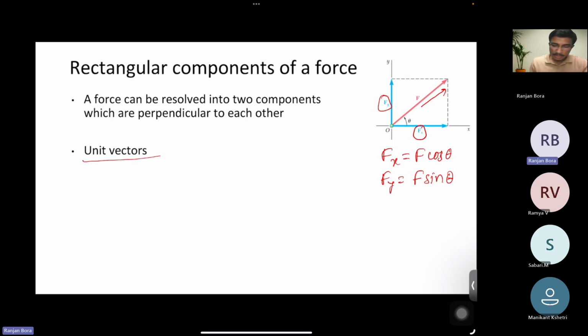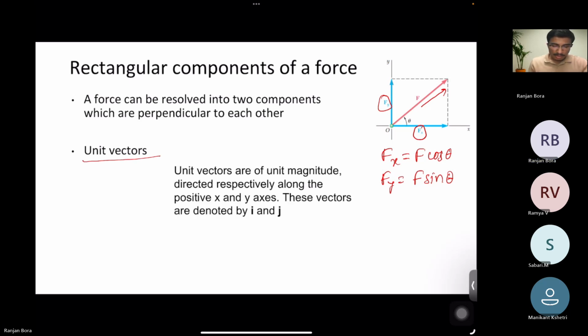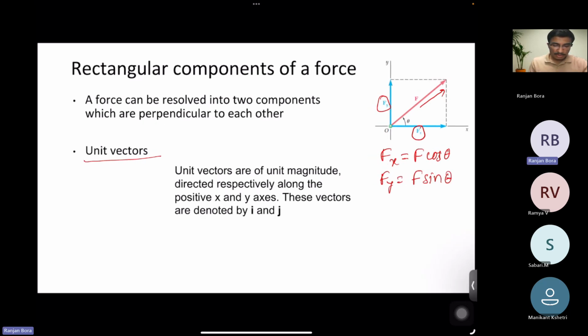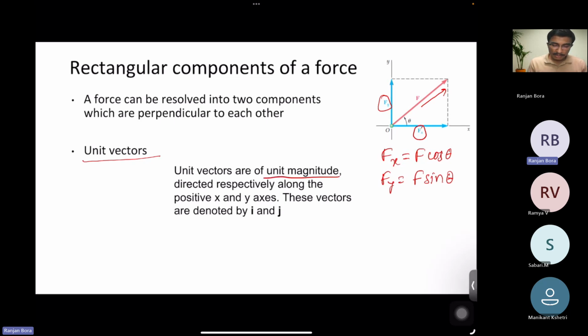Next, one more concept is unit vectors. What are the unit vectors? Unit vectors are of unit magnitude and they are directed respectively along the positive x and y axis. These vectors are denoted by bold i and j, or i cap and j cap.